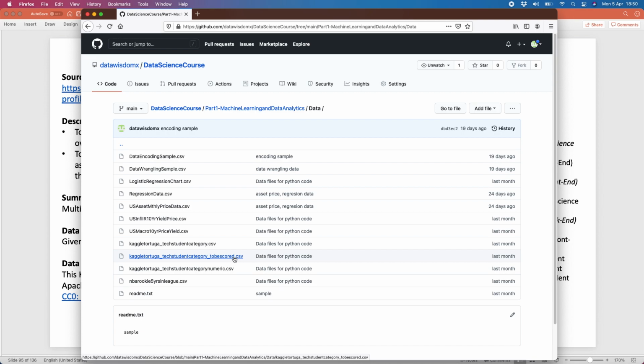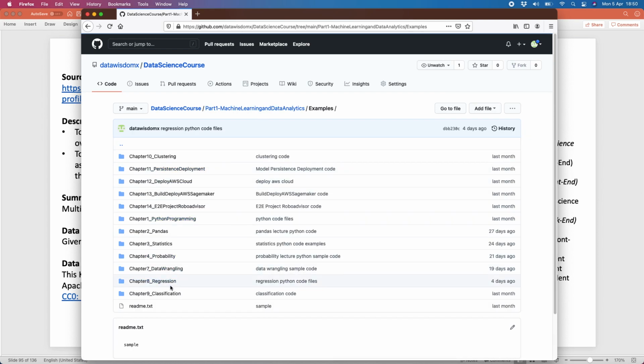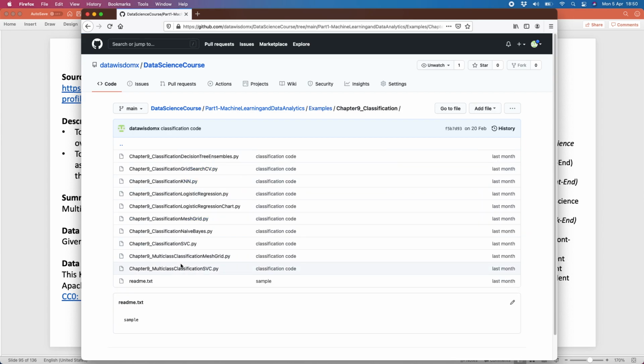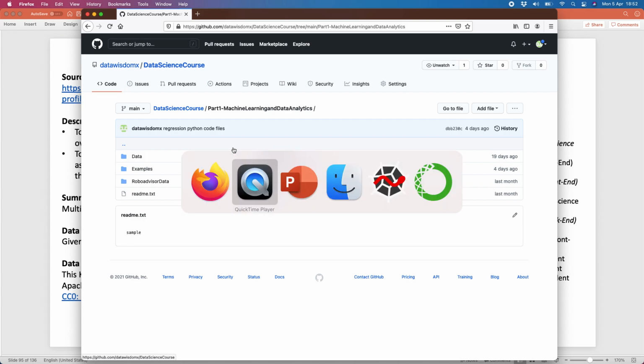You can easily use that for validating and further testing the model. So we'll show you that. And for the Python code, again, under examples, if you go to the classification folder, you'll find all the Python code there and you can download and use it. Okay, you can always download the entire data science course material at one go.